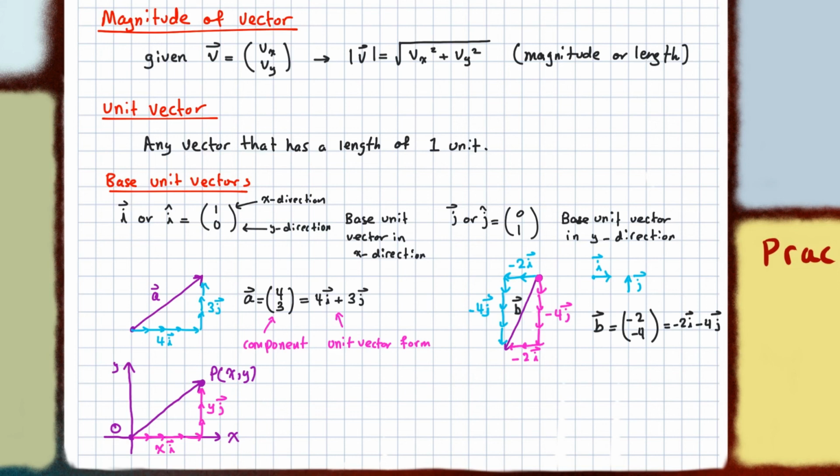So we can rewrite this as the point P with coordinates of x and y has position vector OP, which equals (x, y), or x times unit vector i plus y times unit vector j.